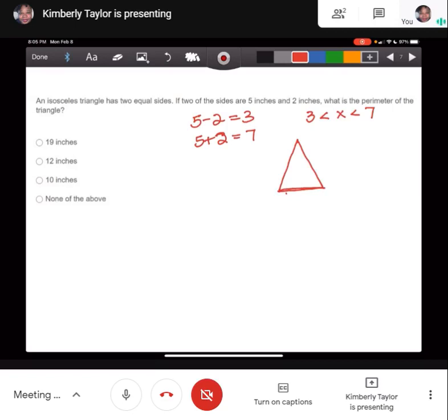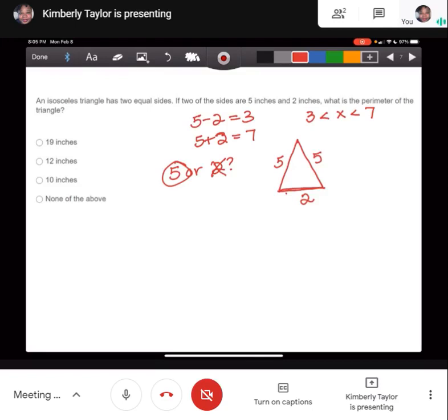So, is my other side going to be a 5 or a 2? But I know that my third side has to be between 3 and 7. So I'm not going to pick 2. I'm going to pick 5. So that means that the triangle is like this: 5, 5, and 2.